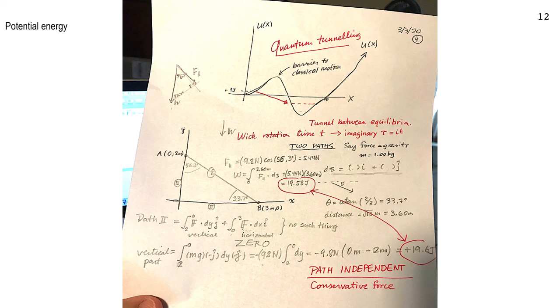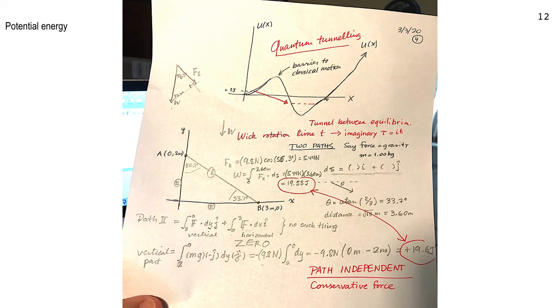All right, so the second path is going to be the integral of F dot dy times j hat, and that's from 2 to 0, plus the integral from 0 to 3 of F dot dx times i hat.